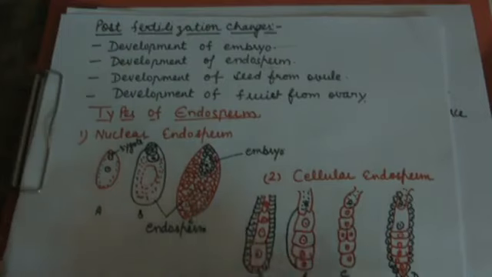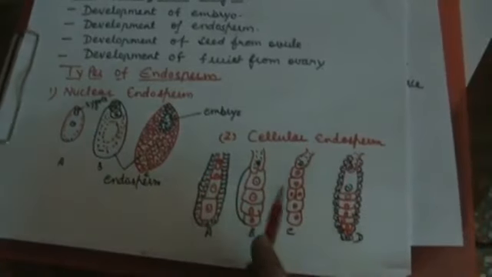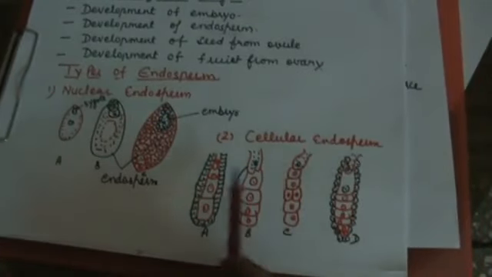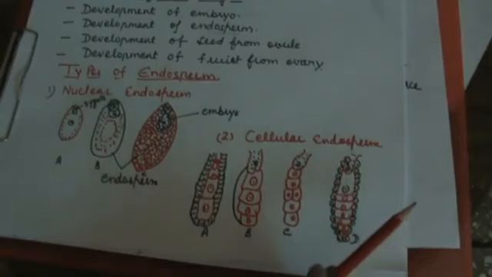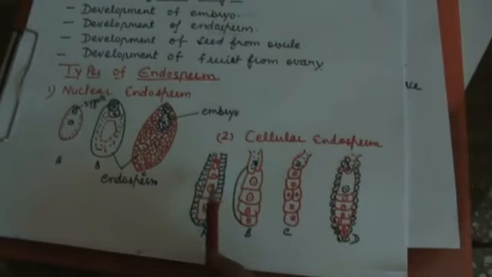Now, the second type of endosperm is cellular endosperm. In this cellular type of endosperm, the first nuclear division of the primary nucleus is followed by a longitudinal or transverse cell wall in the central cell.